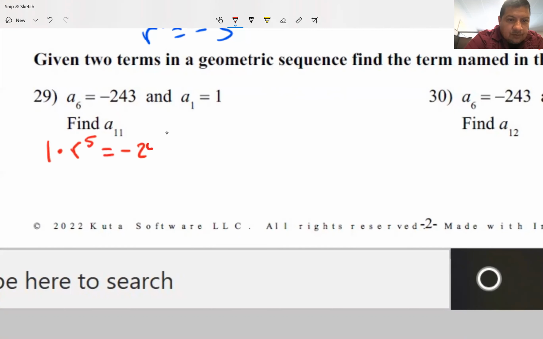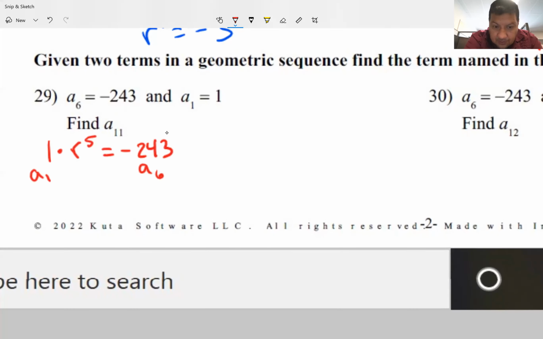Let me emphasize that this is a sub 1 and this is a sub 6. a sub 1 comes before a sub 6. So I think we can agree that r to the fifth is equal to negative 243.